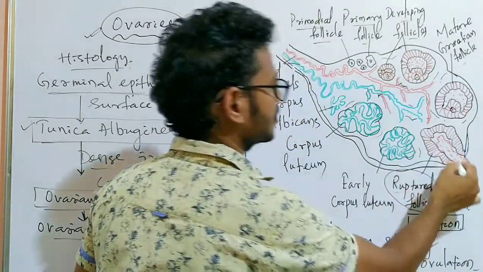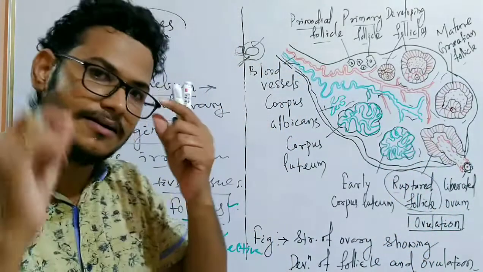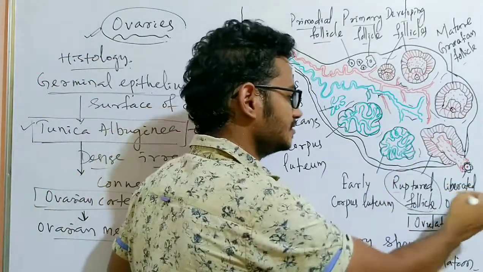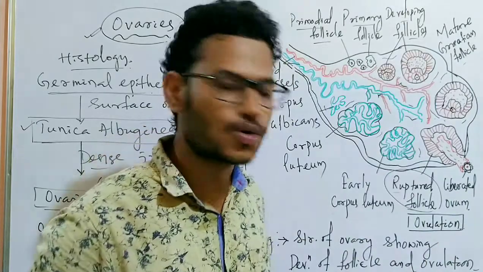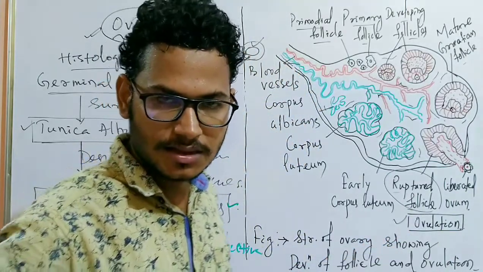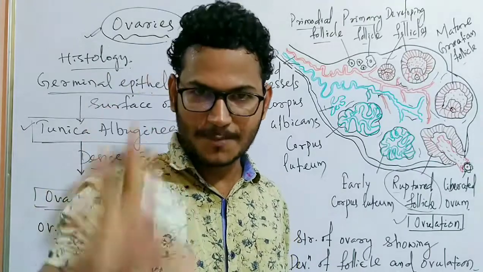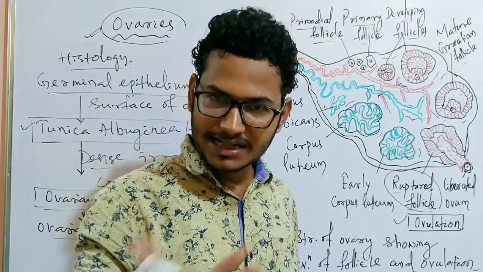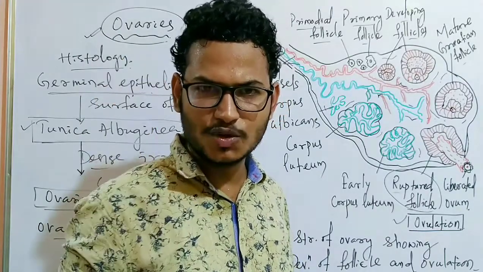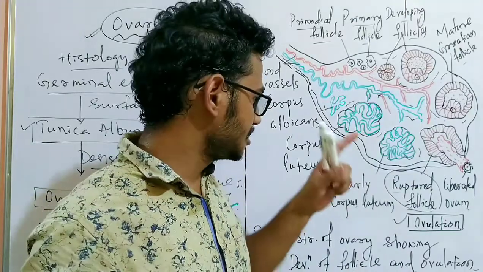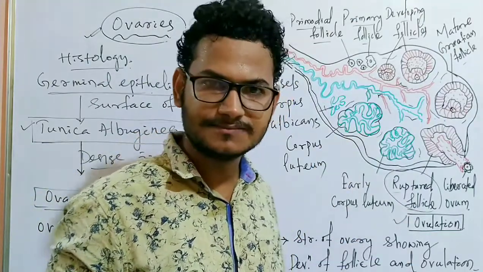So this is the structure of the ruptured mature Graafian follicle, from which the ovum is liberated, a process we call ovulation. So the process of rupture of the mature Graafian follicle to release the secondary oocyte to the outside is called ovulation.